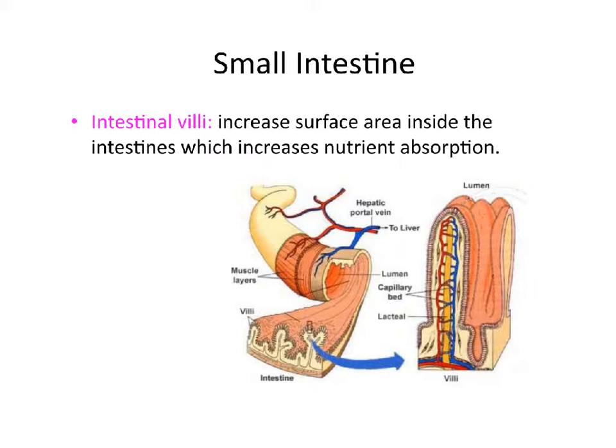They're making it so there's more area across which you can absorb nutrients, okay? And so this is a close-up look at a villus. What you have in each little projection is a pathway of blood. So blood enters, it travels through the villi, and then it goes back out into your circulatory system.